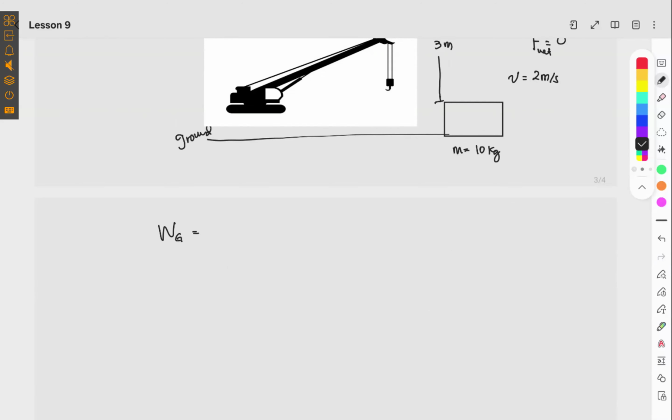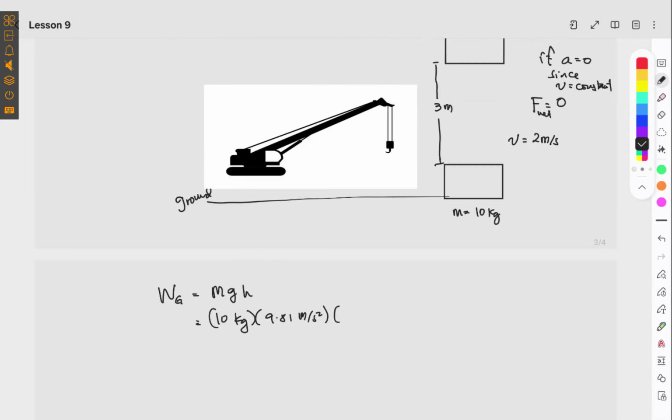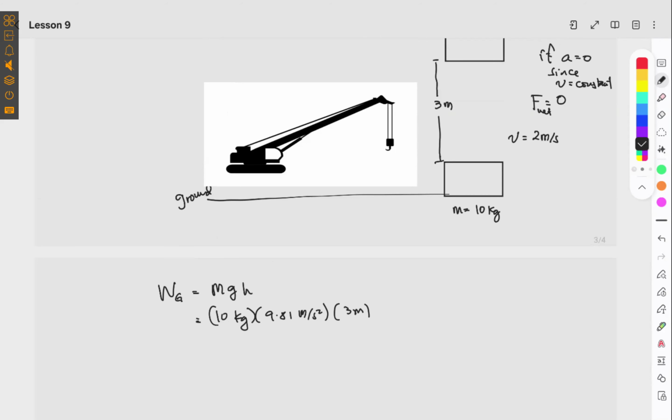It's just mass times gravity times the height. You know the mass to be 10 kilograms, the gravity to be 9.81 meters per second squared, and the height to be 3 meters.